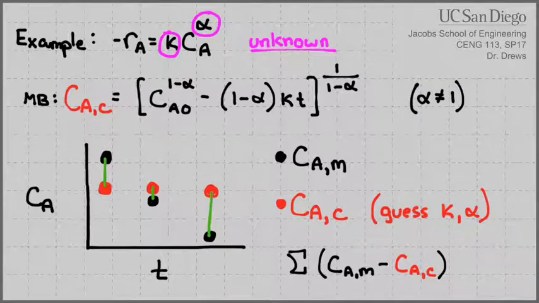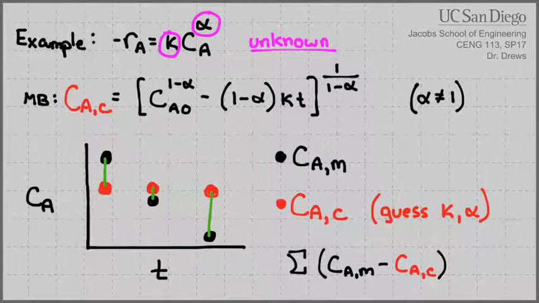Right? I have multiple data points, so I need to know the difference between all of those data points. If I do that, and I keep guessing k and alpha until that sum is minimized, then I have the best guess. When it's minimized, well, I'll draw another plot for what it looks like when it's minimized.